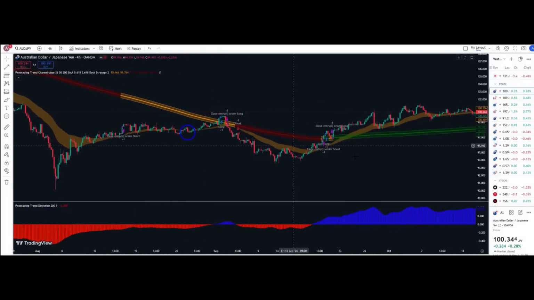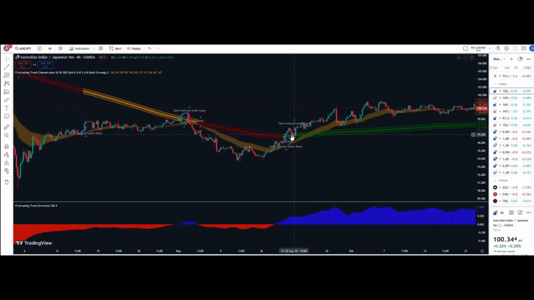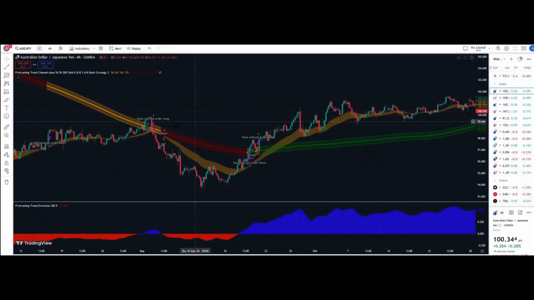And also, when the price is above the channel and the cloud, and the color changes to green, then this is a very nice opportunity for you to target to go long.